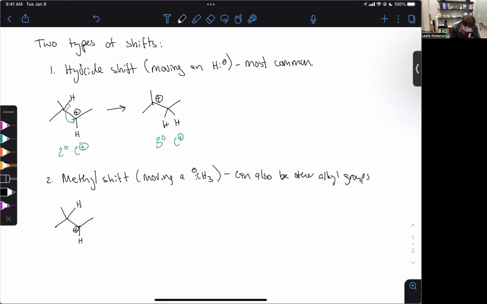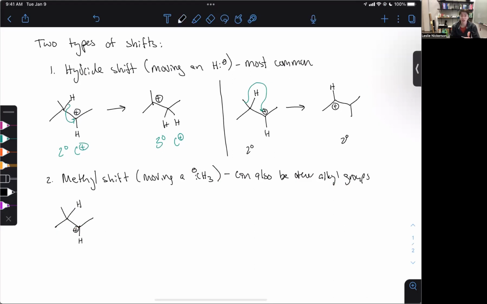Apart from that, if we look at what happens when we move a methyl when we did have the chance to move a hydride, if I move this, I go from a secondary to a secondary.